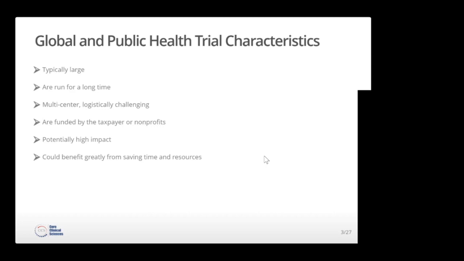Those trials tend to be on the larger side, often tens of thousands of patients, especially if we're talking about, say, vaccine trials or cluster randomized trials, the type I will be presenting today. They tend to be fairly long, but I suppose that's not always the case.